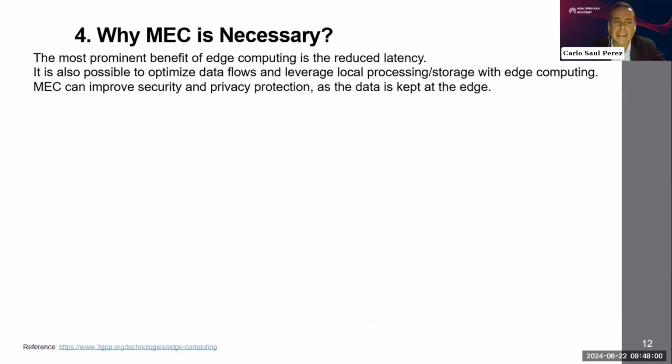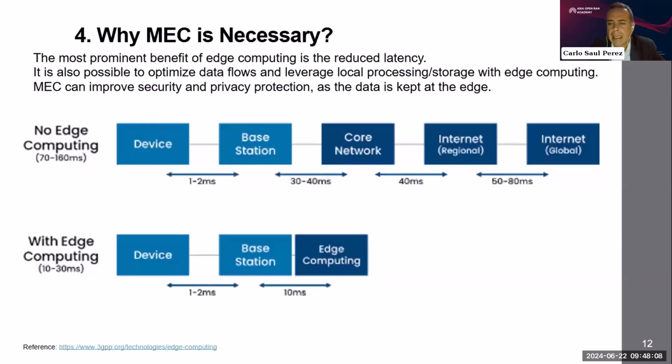So why is MEC necessary? Most of the benefits here, I think, were explained very well by Mr. Raymond. But here, in terms of telecommunication, we can see a particular issue with latency, with the time that we need to process some information.